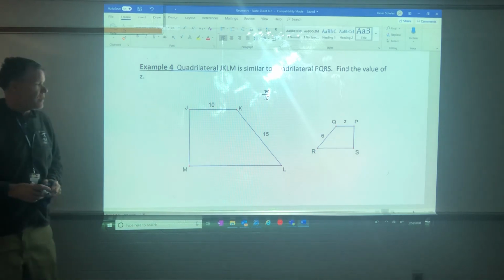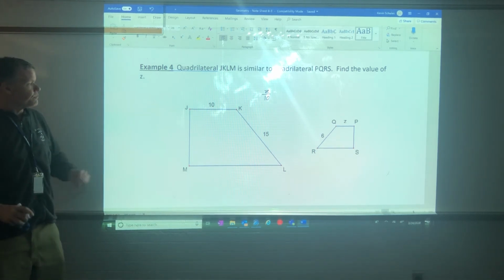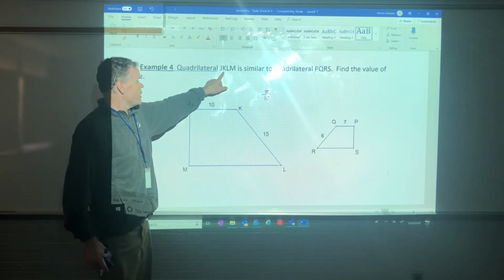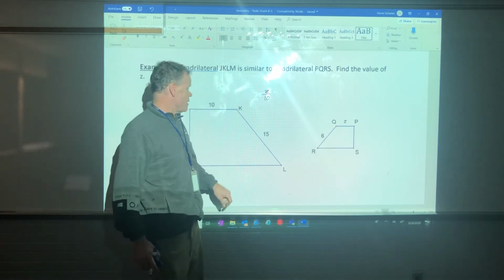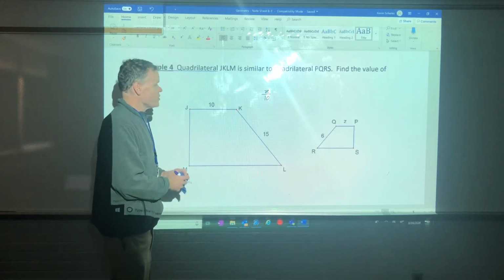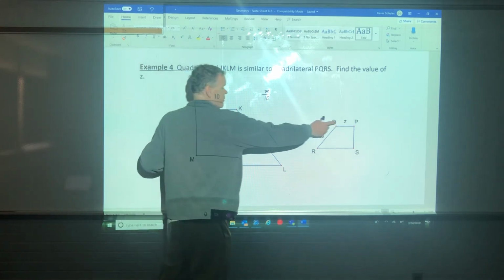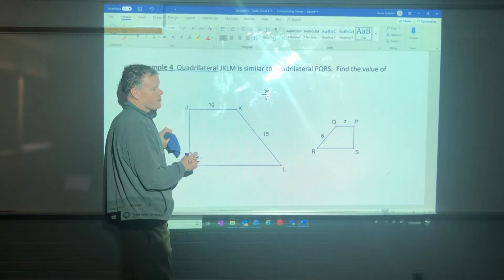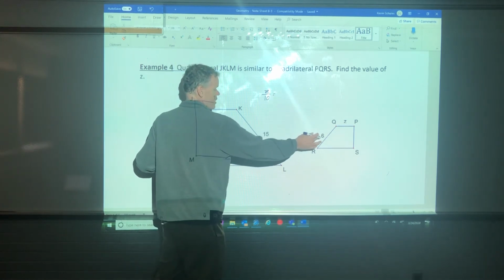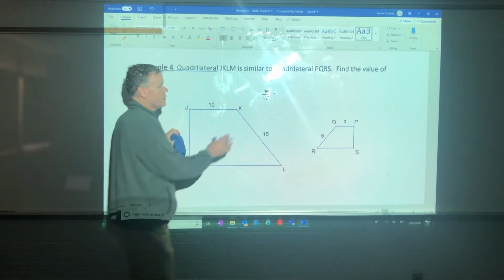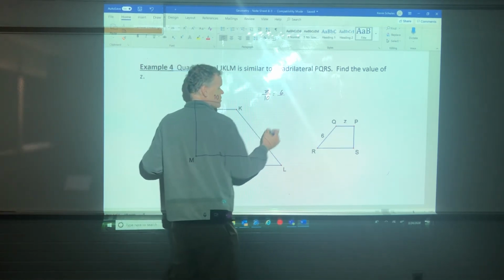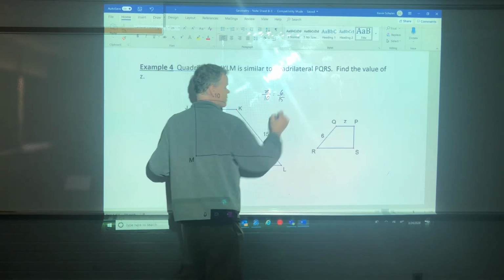All right. Then we're going to have KL. Okay, KL is going to line up with QR, so we want to make sure we go from this figure to this figure. So it's going to be QR, 6, okay, QR over KL, 6 over 15.